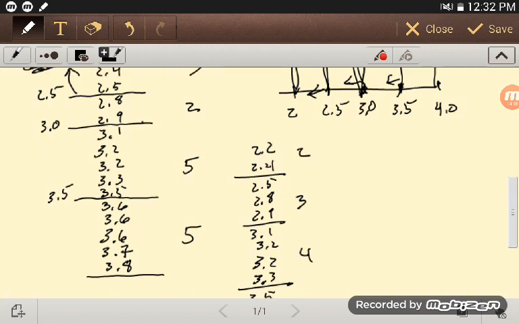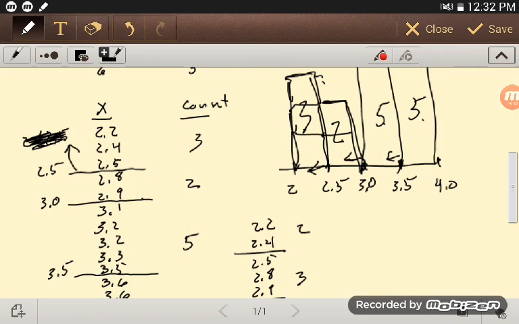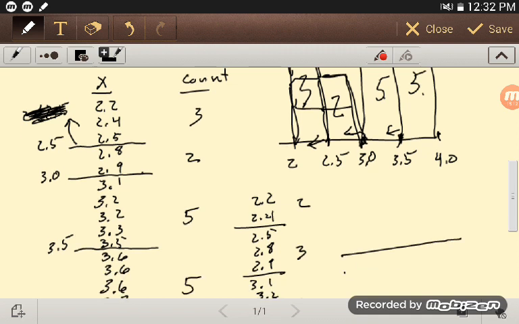Just 4 there, and then 6 here. So even though it's relatively similar, you see my choice of where I put those lines and make those divisions can, you know, so there's 2, 2.5, 3, 3.5, and 4.